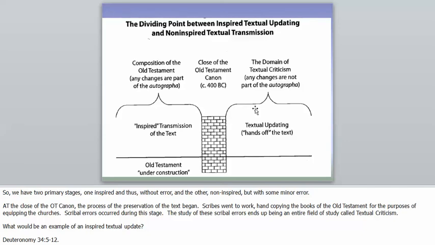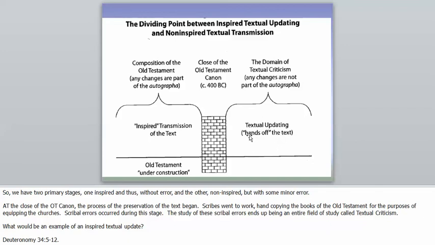And then from that point on, all we have is really the domain of textual criticism. We are in a period where we are meticulously hand copying the Old Testament from century to century and moving it ahead in history. So we've just got largely scribal activity from that point on.